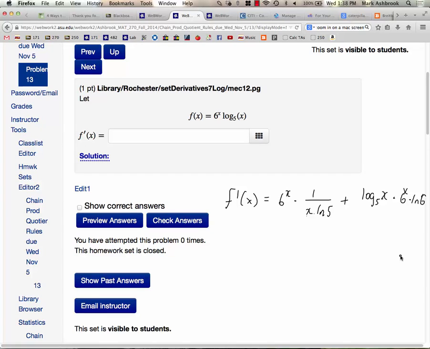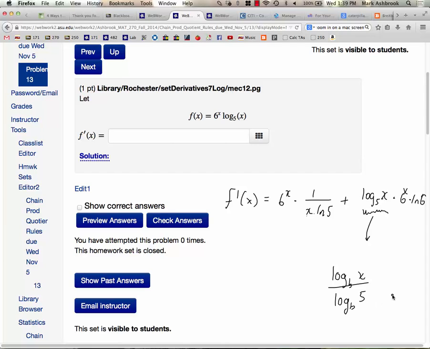Okay, so I think maybe the difficulty here was, how do we put that into WebWork? Because if you put log in, it means natural log. But there's a thing called the change of base formula, which says that log base 5 of x equals the log of any base that you want of x over the log of that same base of 5.